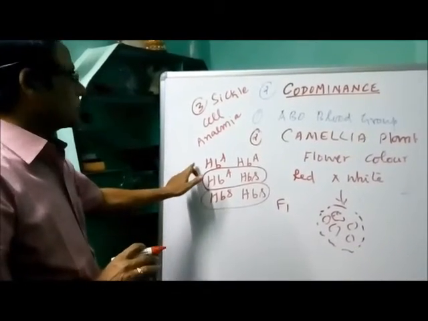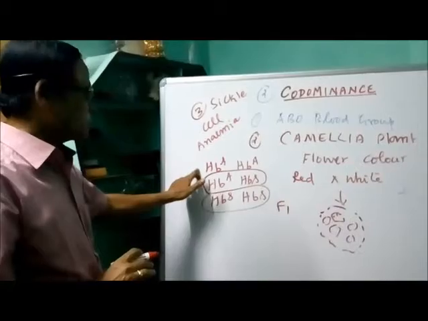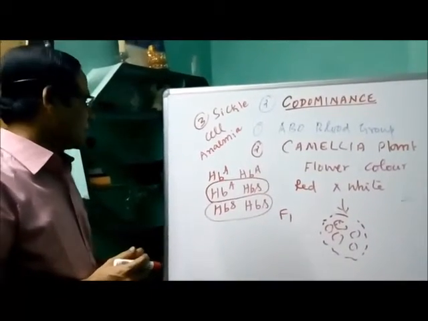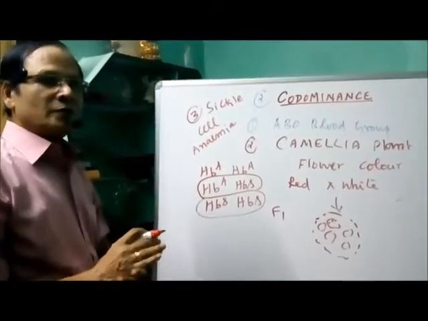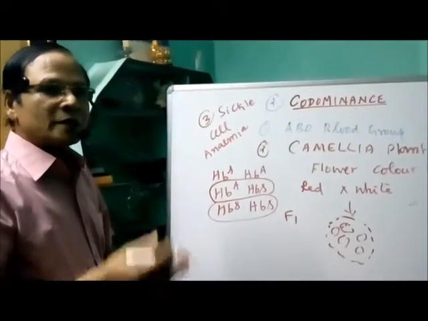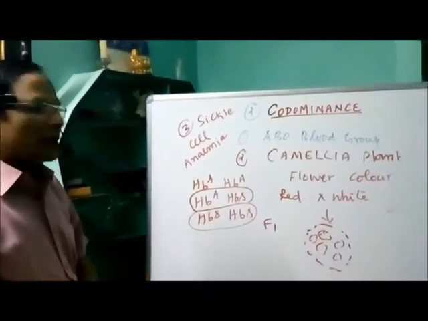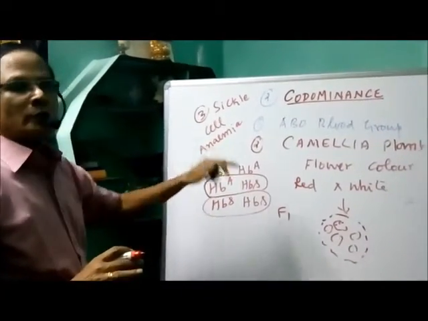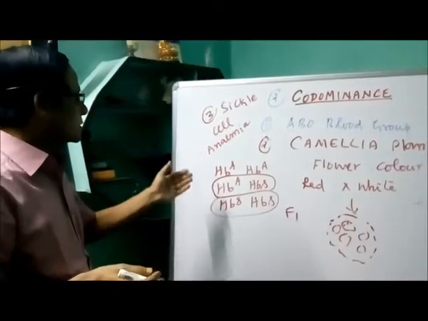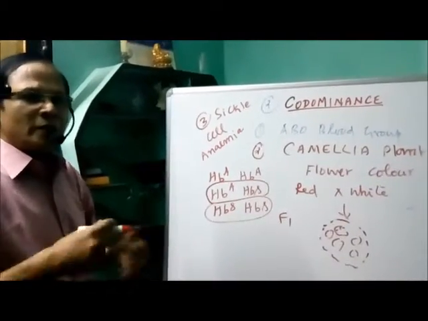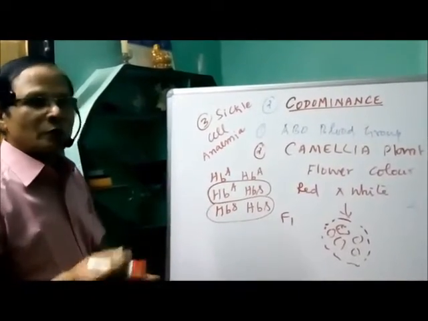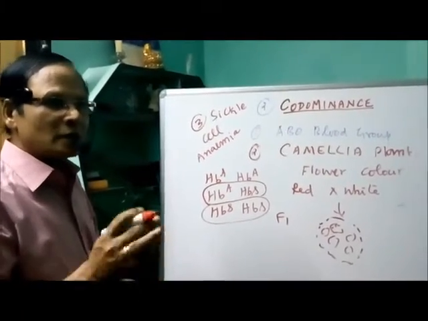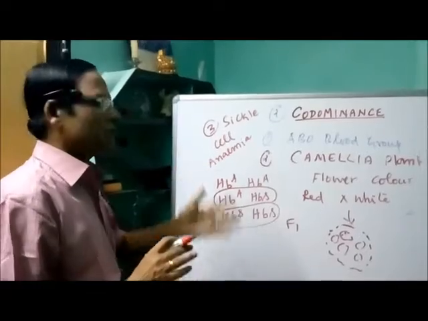For example, normal HbA persons are affected by malaria, whereas heterozygous individuals are affected neither by malaria nor by sickle cell anemia. This is called overdominance. The heterozygous individuals are healthier than homozygous individuals.